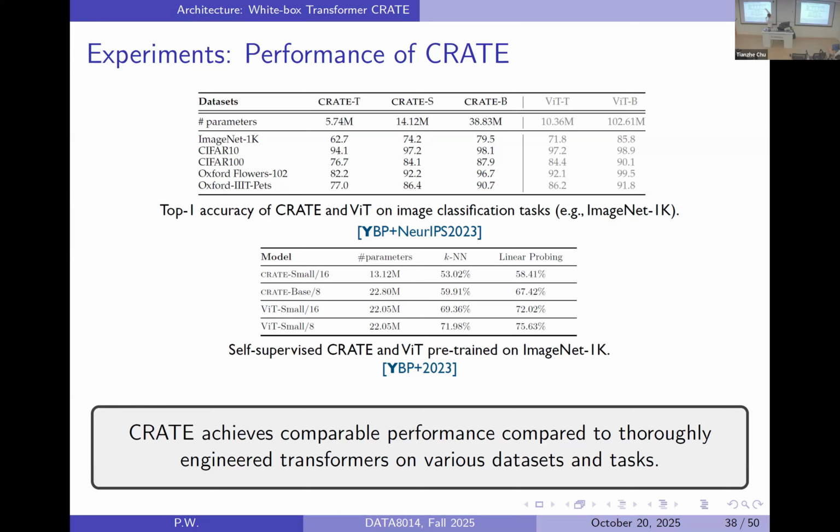And this is the performance, the top-1 accuracy of CRATE and variants on the image classification task. This is CRATE-tiny, number of parameters is 5 million. This is CRATE-small, 14 million. And this is CRATE-base, 38 million.